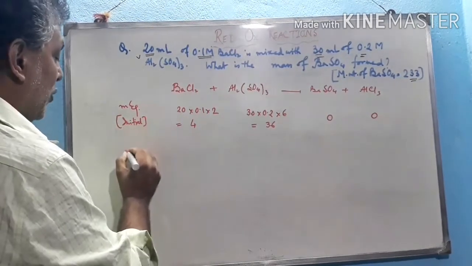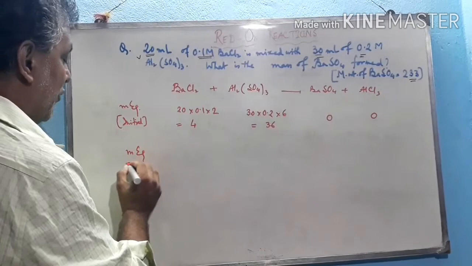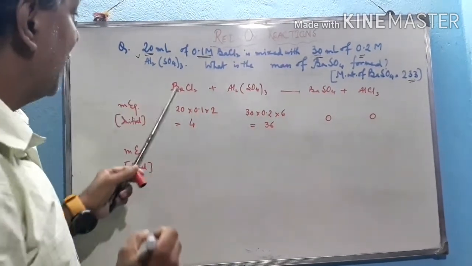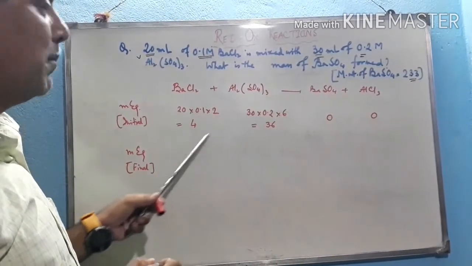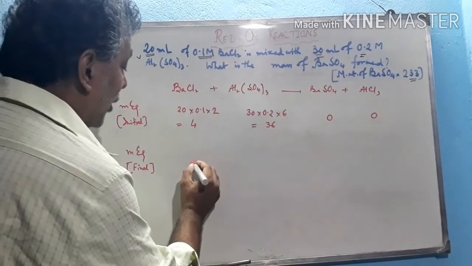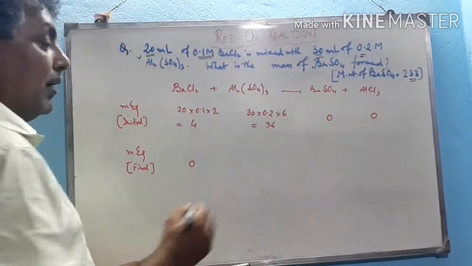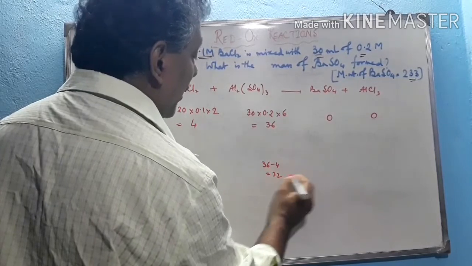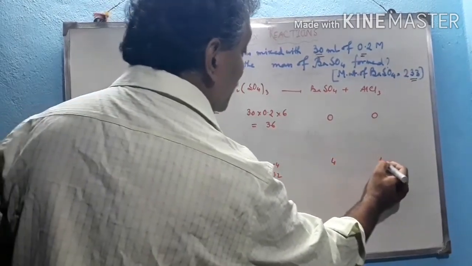And if we calculate the milliequivalent at the final stage after the completion of the reaction, see this, barium chloride is the limiting reagent, present in less amount as compared to the aluminum sulfate. So it will be consumed totally, 0. It remains 36 minus 4, 32. It forms 4. It also forms 4.